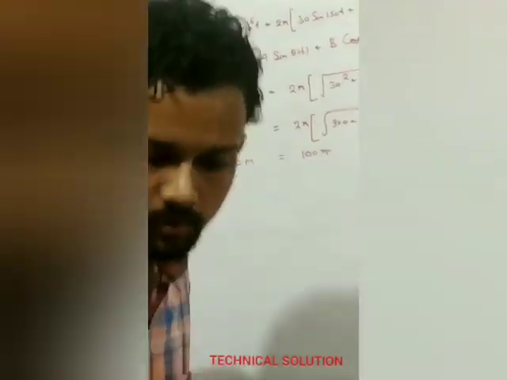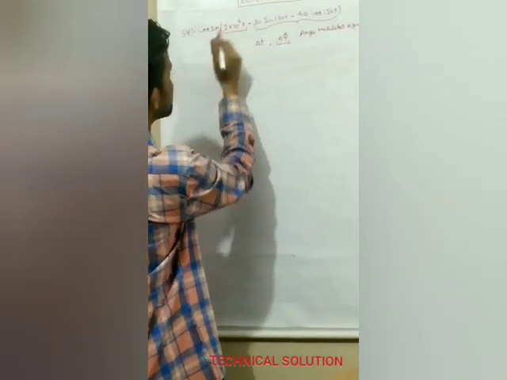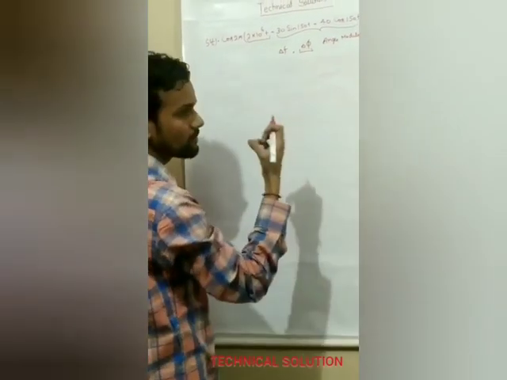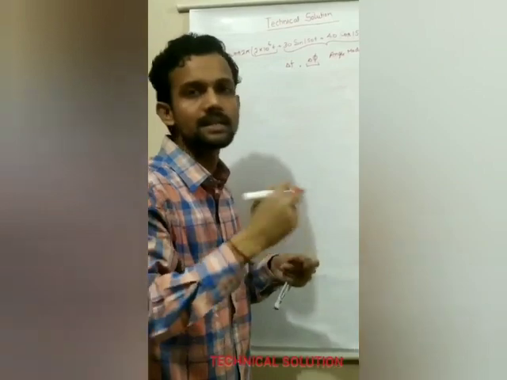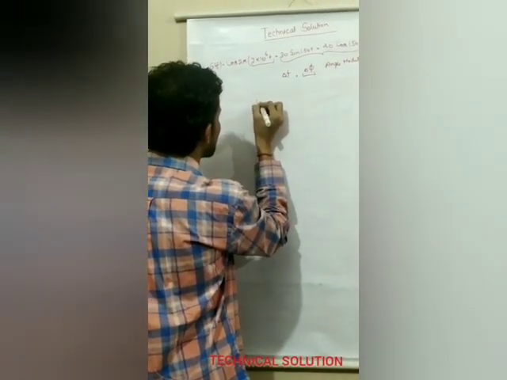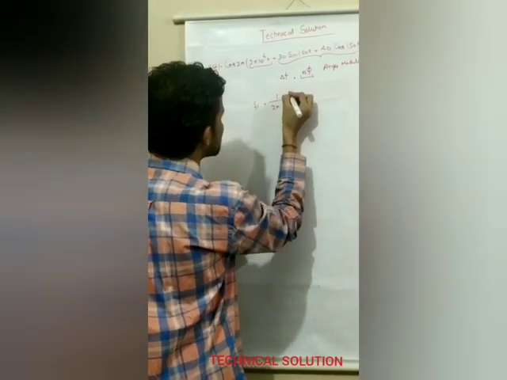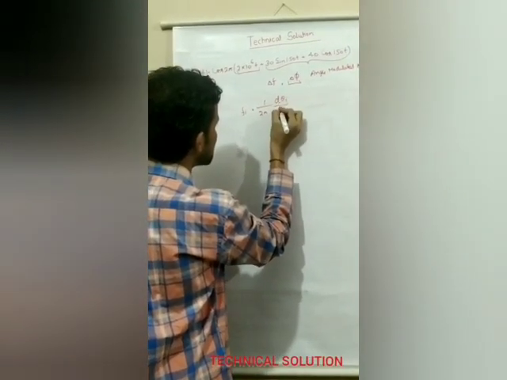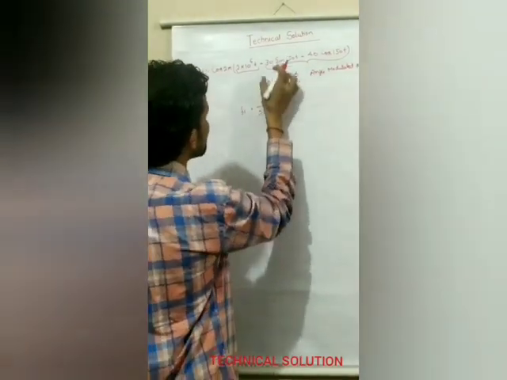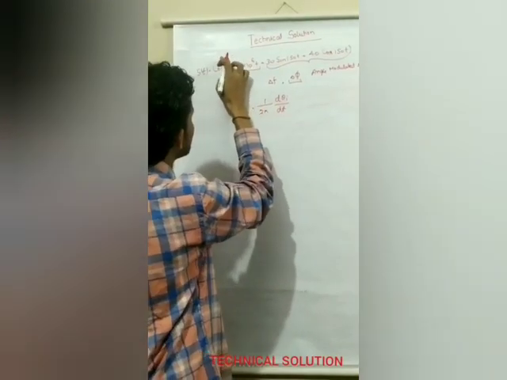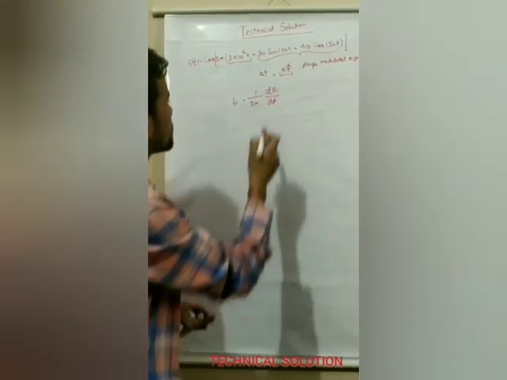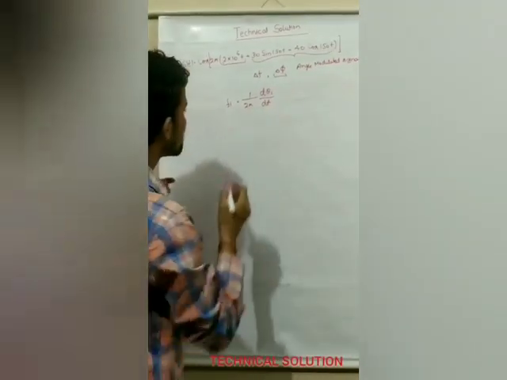Next we have to calculate the frequency deviation. Here is 2π·2×10^6 t. We have to find the frequency in which it is added. As we already know, fi equals 1 upon 2π times dθi/dt, and this θ is inside with the 2π, as I discussed.